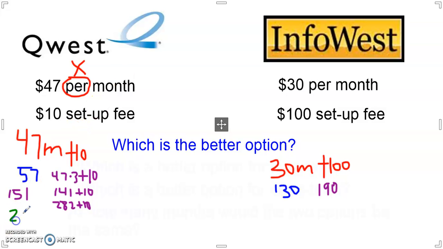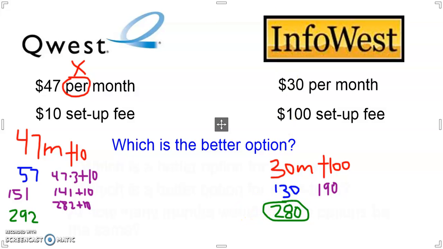So 6 months of internet, $292. Over here, 30 times 6 is 180 plus 100 is $280. So after 6 months, this ends up being the cheaper option.